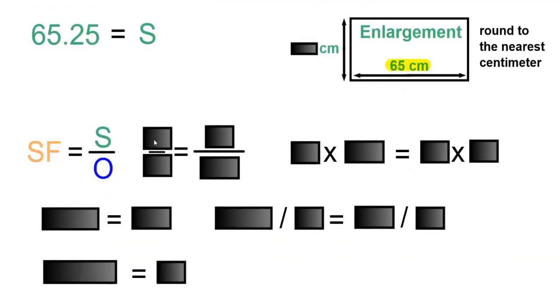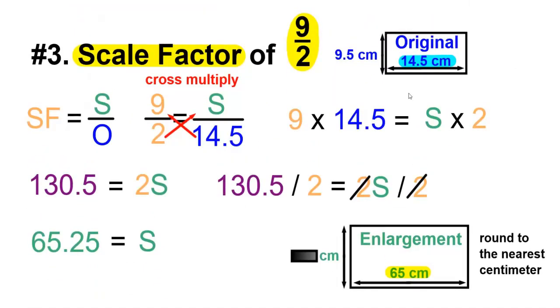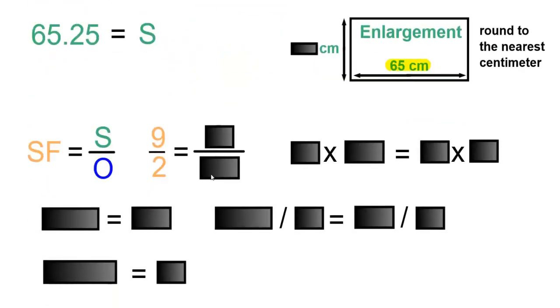Scale factor is equal to scale over original. The scale factor is still 9 over 2. For the original, we'll go to the short side again. And the short side of the original box is going to be 9.5 centimeters. And the scale of the enlargement is the unknown.